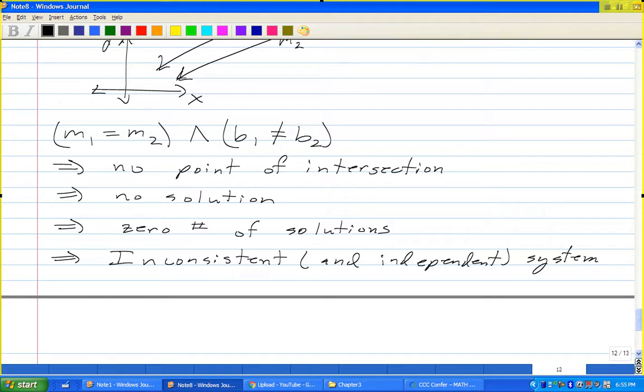Lastly, let's look at the case of coincident lines.